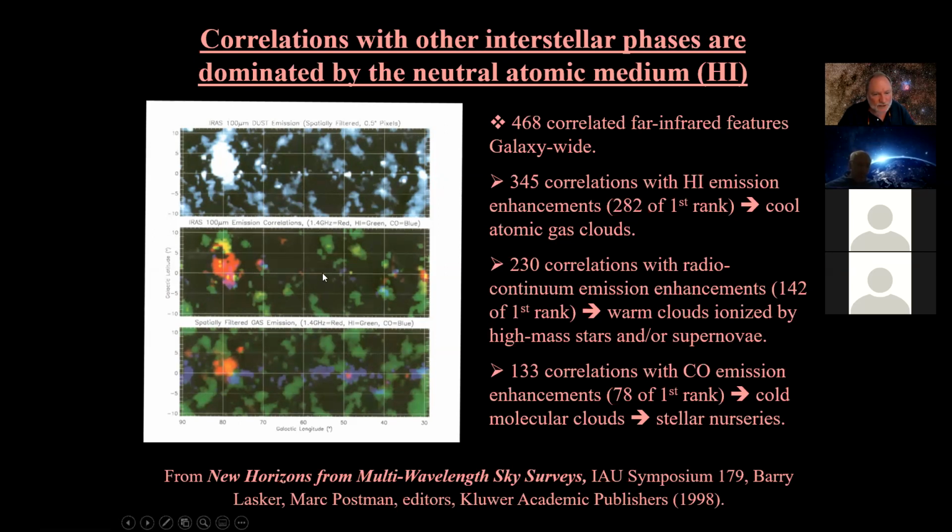And there's also CO emission, a few regions of blue emission. And so that's tracing where the molecular gas matched up with the infrared emission nicely. So we saw a whole bunch of correlations, most with the HI.